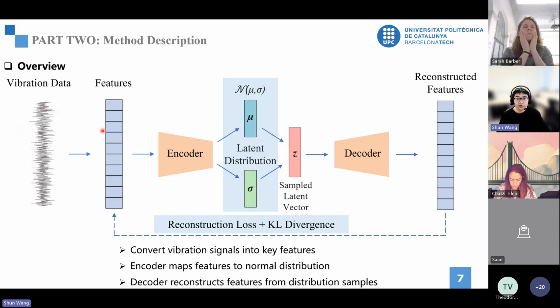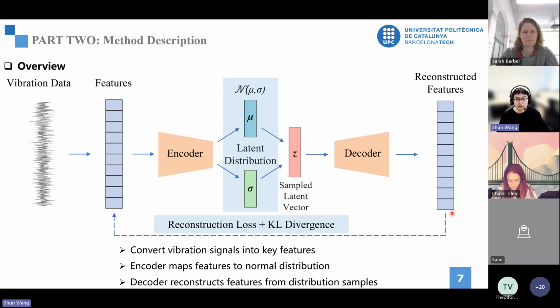Now let me explain our method. We use variational autoencoders to learn normal behavior. First, convert vibration data into key features. Then the encoder maps these features to a normal distribution. Next, using samples from this distribution, the decoder reconstructs the original input features.